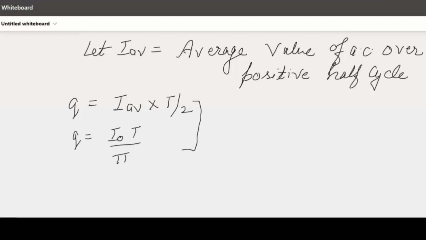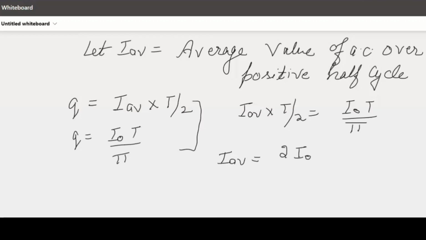So now compare both these equations. So we have I average multiplied by T by 2 is equal to I naught T divided by pi. So from this we have the answer: I average is equal to 2 times I naught divided by pi.